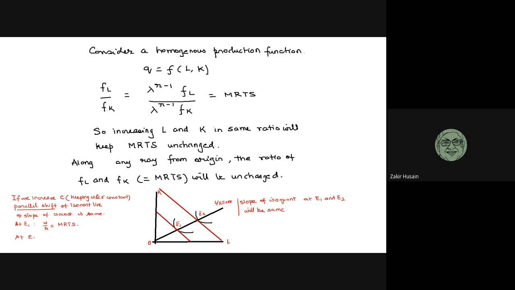Now at E2, the new isocost line, you still have the original W/R ratio. So the equilibrium will occur when MRTS is same. Okay, so equilibrium must occur at E2, when we are simply increasing the labor and capital in the same proportion, keeping the labor capital ratio unchanged. So that means the expansion path must also be linear.